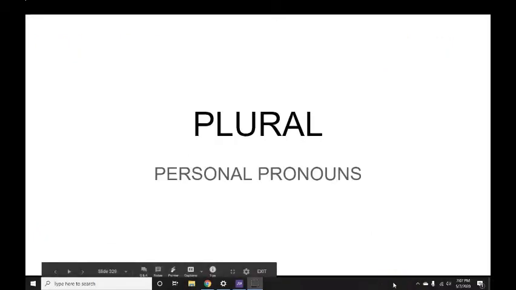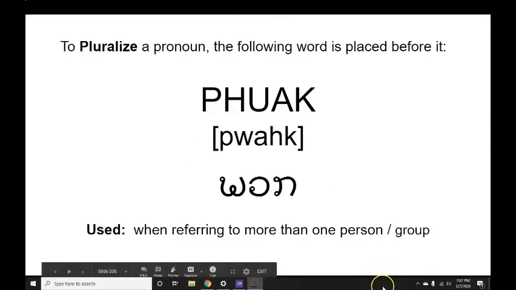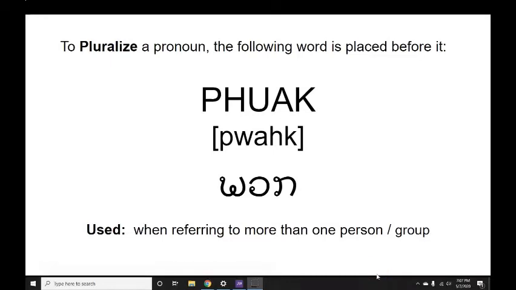Now we're going to go into the plural personal pronouns, and the first one is understanding how to pluralize a pronoun. So in English, we say I or me for singular, and then we say we or us for that first person plural.